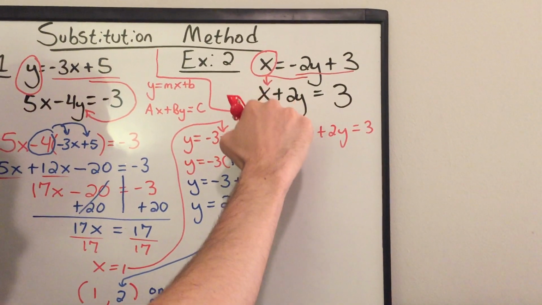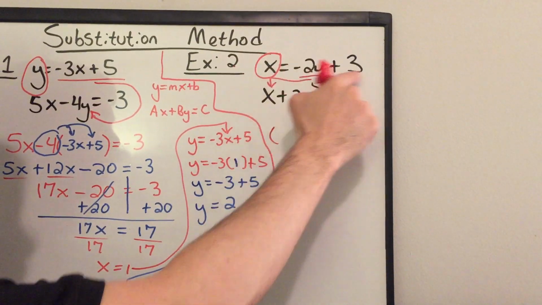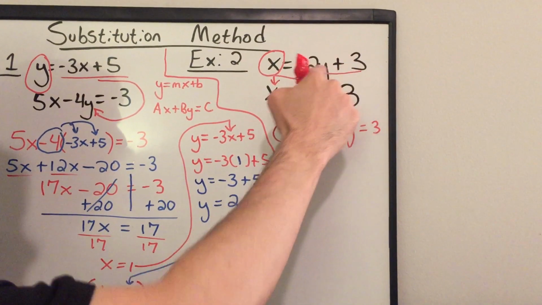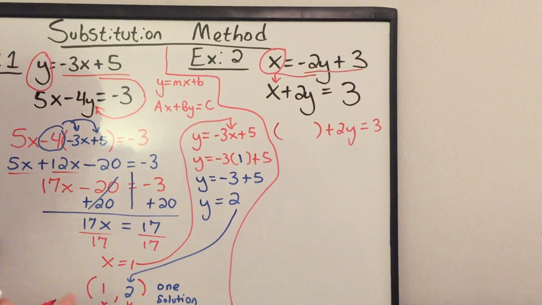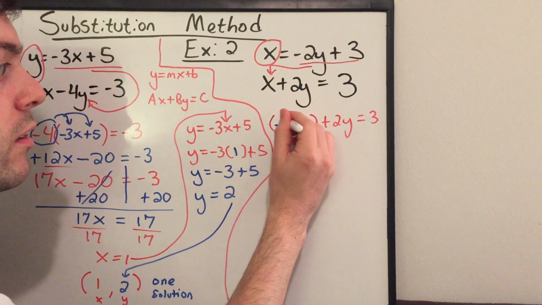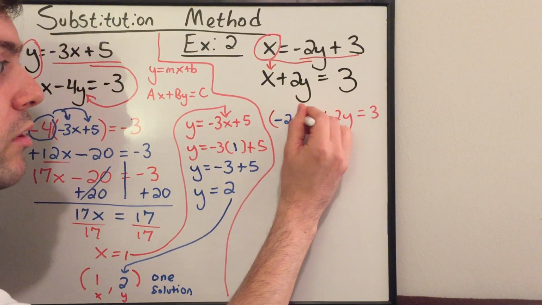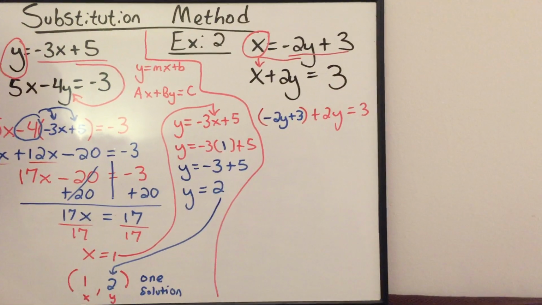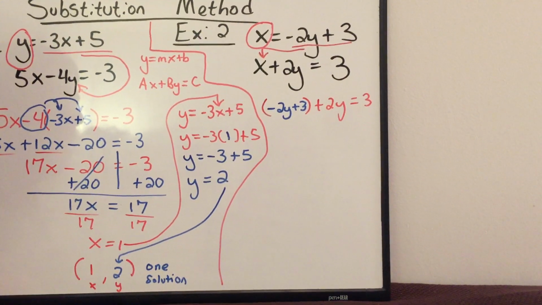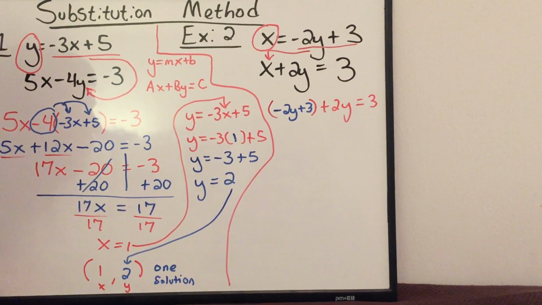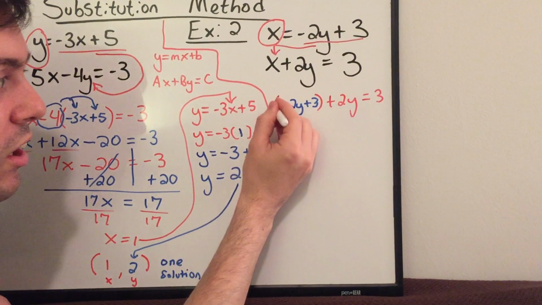And what we're going to do is replace x with a substitute, or what x equals, which is negative 2y plus 3 right there. And then at this point, I don't have anything on the outside.